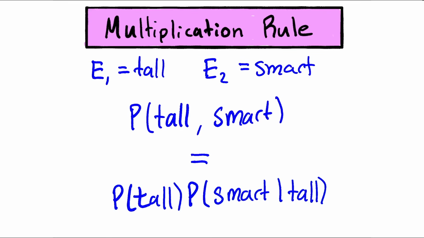So it's like splitting up the and into a bunch of different sections. So you start with, are you tall or not? And then, if you're tall, are you also smart? So if you multiply the probability that you're tall times the probability that you're also smart, if you're tall, that gives the probability that you're smart and tall.